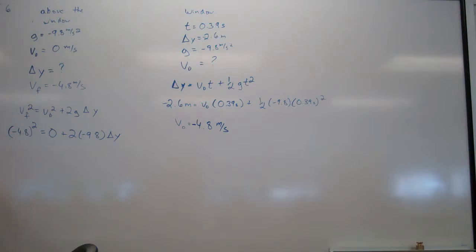You get negative 4.8 squared divided by negative 19.6, or 4.8 squared divided by 19.6. And what do we get for delta y? Negative 1.18.